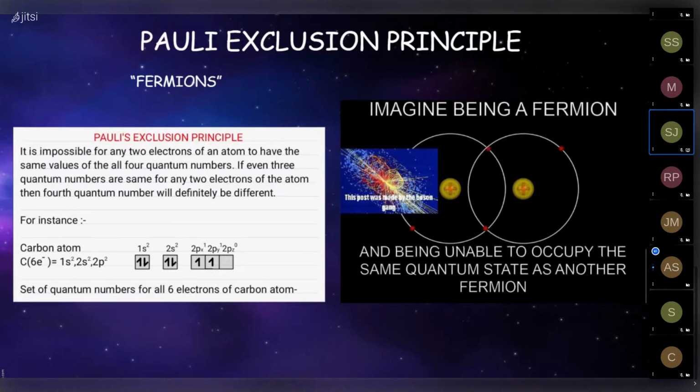Due to their anti-symmetric nature, they would cease to exist, and this cannot happen because they exist and can't just vanish. So they have to be of opposite spins or not be in the same orbital. But bosons don't have to follow this because they have integer spin, and their states allow for symmetric existence.